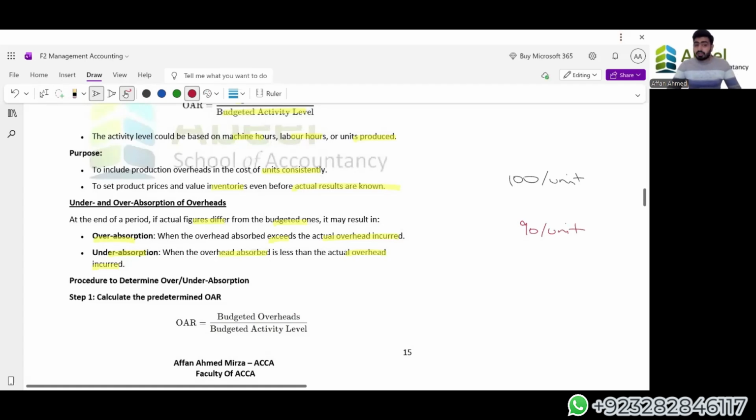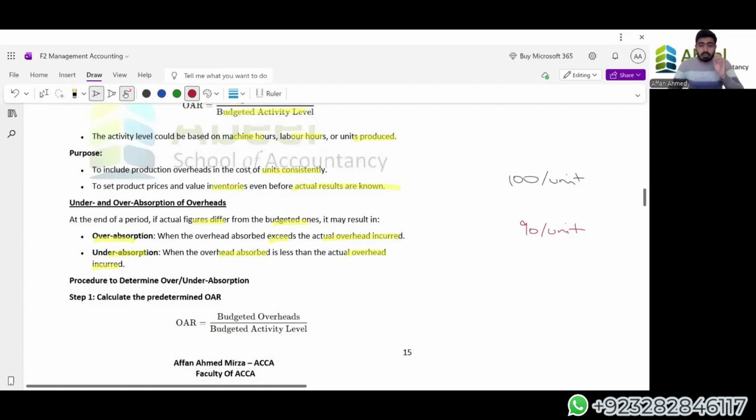That means I have charged 10 rupees more to my particular product. If my overheads increase, what happens? My profit reduces. Overhead is an expense, right? If my expenses increase, my overall profit will reduce. So in the case of over absorption, we are going to have a position where my profits are understated here.